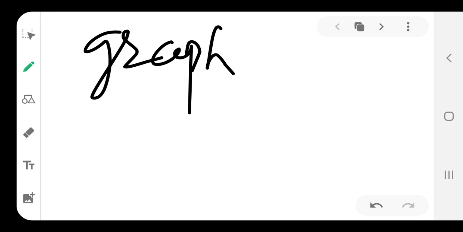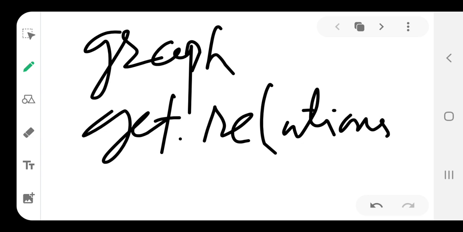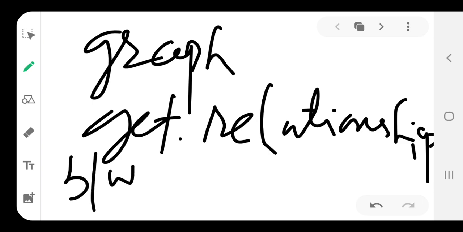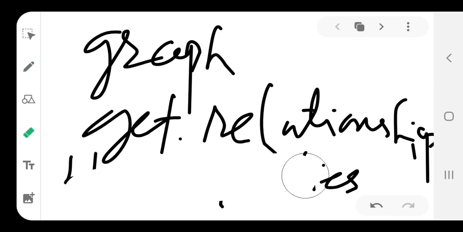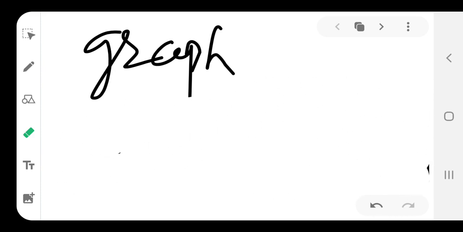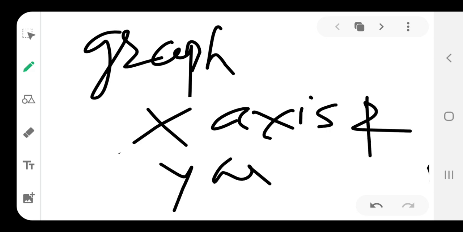It is a geometrical relationship between two quantities on the x axis and y axis, okay.